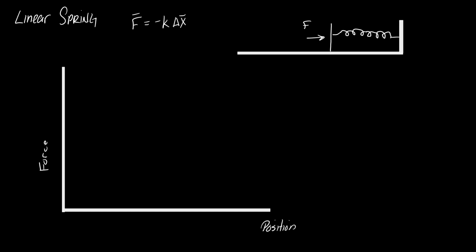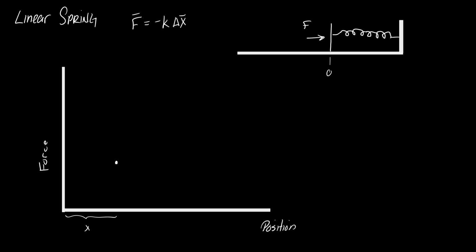The F is what I push. The position is the position of that plunger. So I'll say that the plunger starts at 0. If I push it in a distance, well, let's just say X, it will take a certain amount of force to do so at X. But it's linear.